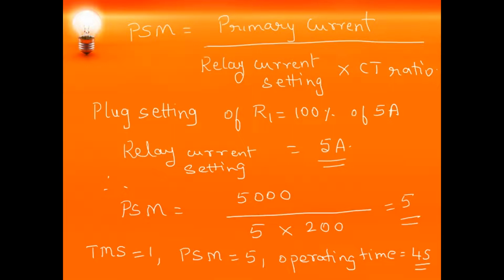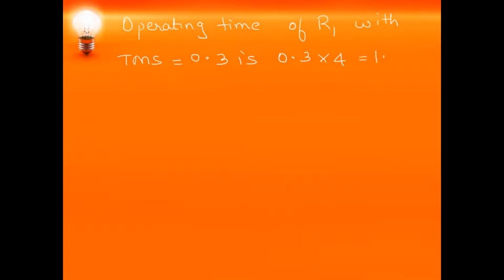So what is the operating time for TMS equal to 0.3? The operating time of relay R1 with TMS equal to 0.3 is 0.3 into 4, which is equal to 1.2 seconds.